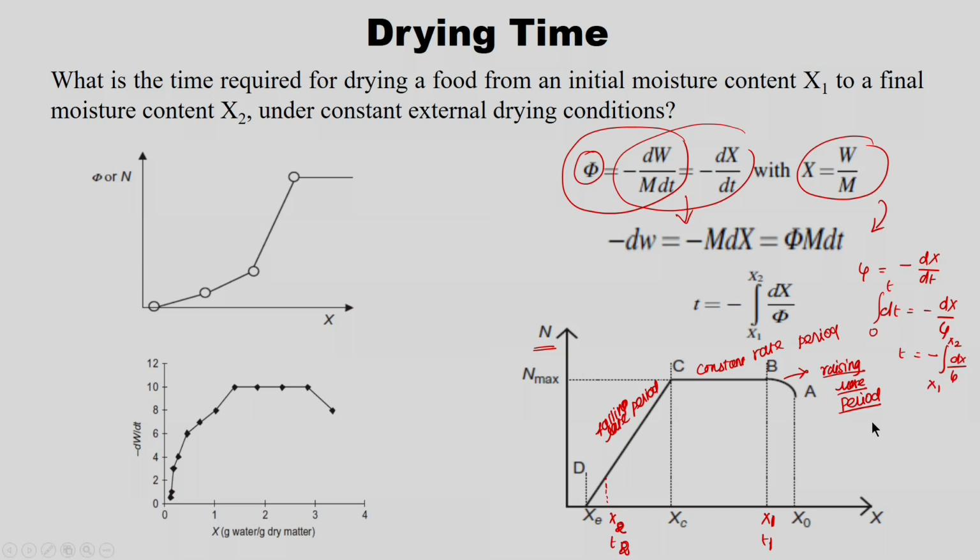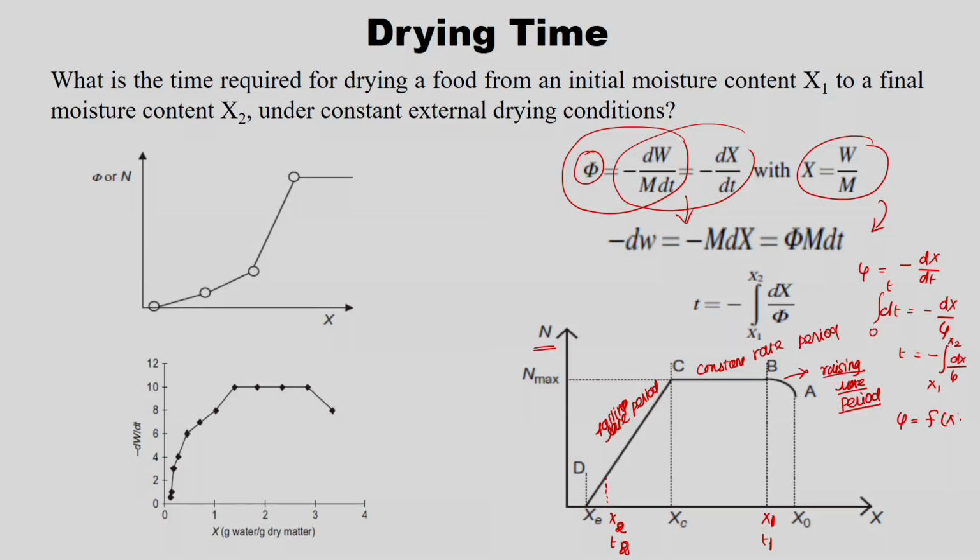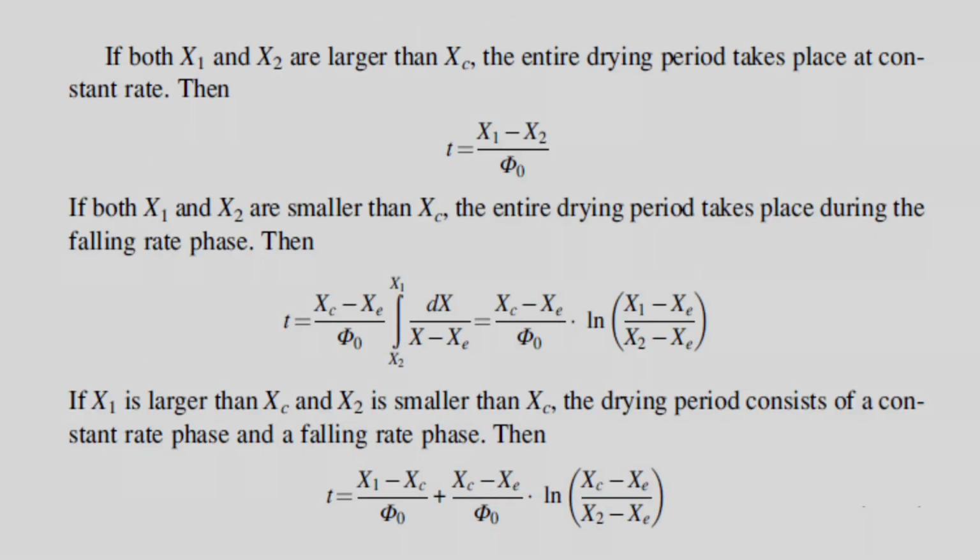This phi is nothing but the drying rate, which is a function of x. X is the moisture content, expressed in kg of water per kg of dry matter. Usually we get phi as a function of x by experiment or by modeling, and this has to be substituted in the drying time.